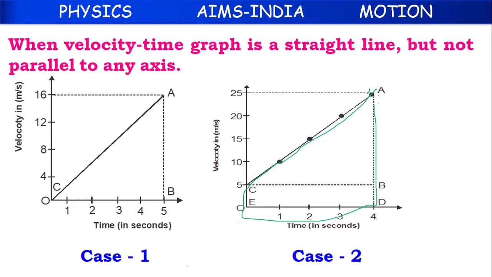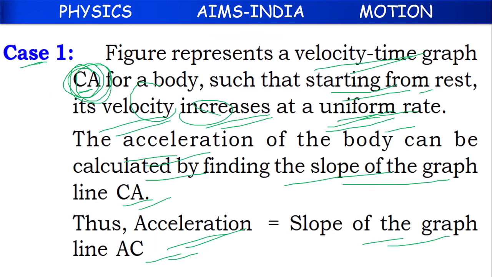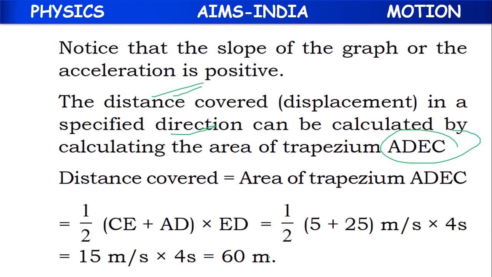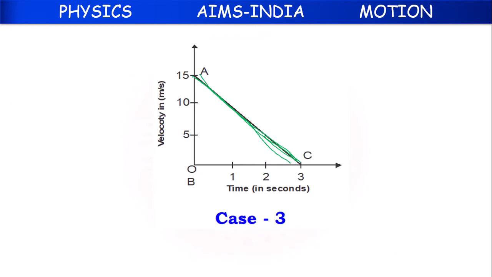They named it as trapezium ADEC; they have taken this point as E. So the trapezium formula is half into the sum of the parallel sides into the distance between them.